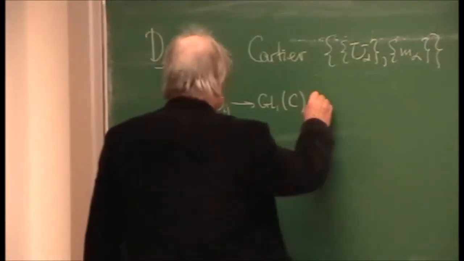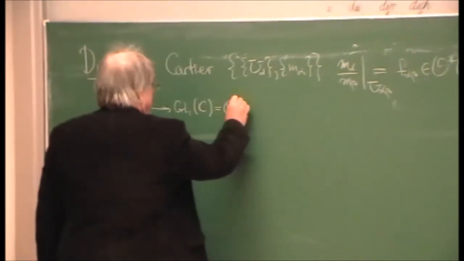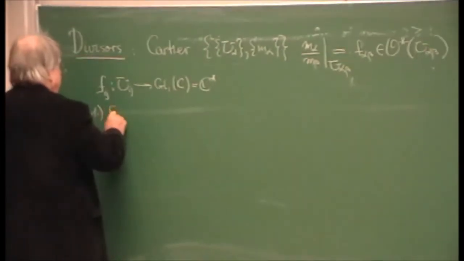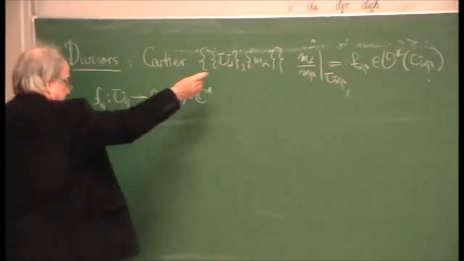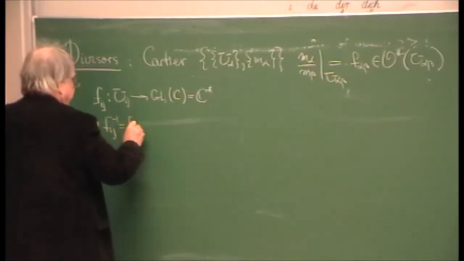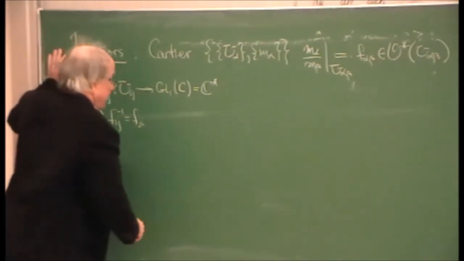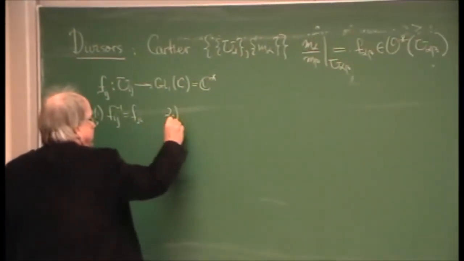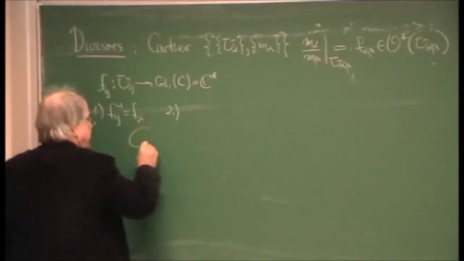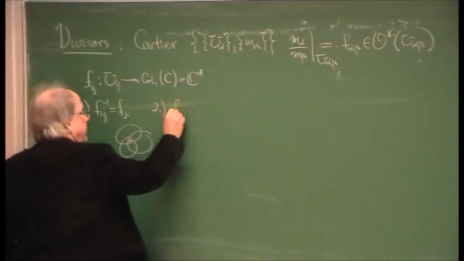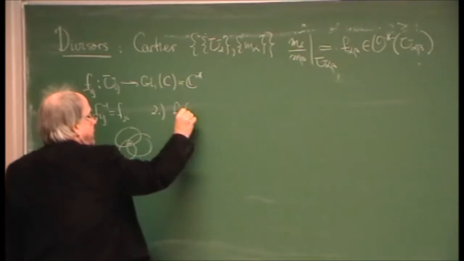This is C star. And you can notice the two conditions that this is automatic given a divisor. That the inverse is f_ji. And the second condition of compatibility on the threefold overlap, and the f_ij.